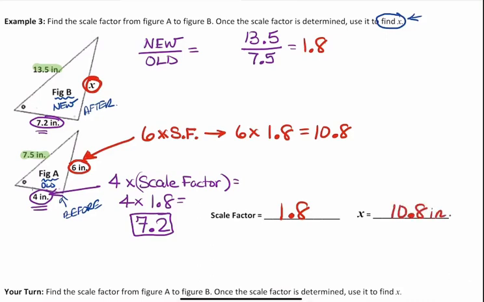And there you go. So our scale factor was 1.8, and this was kind of a mess, but if you do 4 times 1.8, guess what you get? You get 7.2. When you do 7.5 times 1.8, you get 13.5. When you do 6 times 1.8, you get 10.8, right up here. And that's how that scale factor works, because it works on every corresponding side.